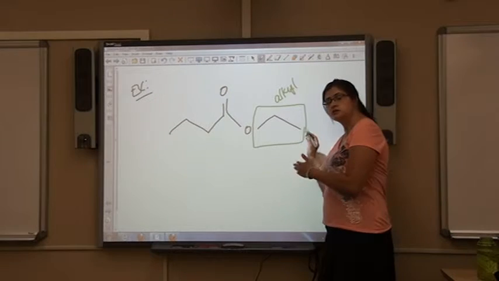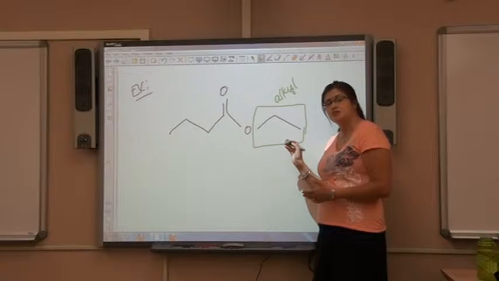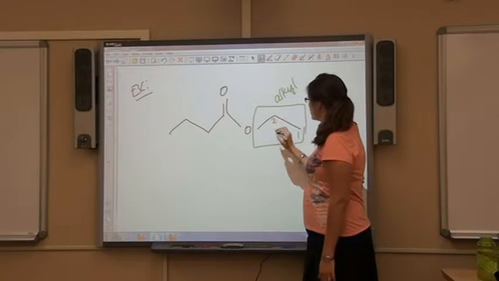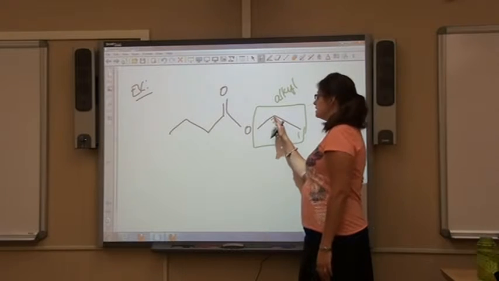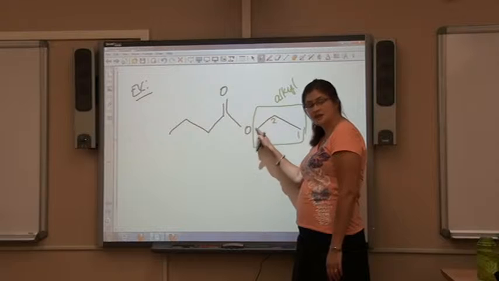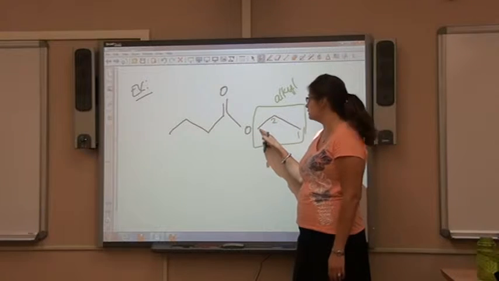Now, it's important to note that when you're looking at this as a line angle formula, you're not overcounting your carbons. In this case, there are only 2 carbons. This line here denotes a bond between this carbon and this oxygen. That means there's not a carbon here at the end of this line.